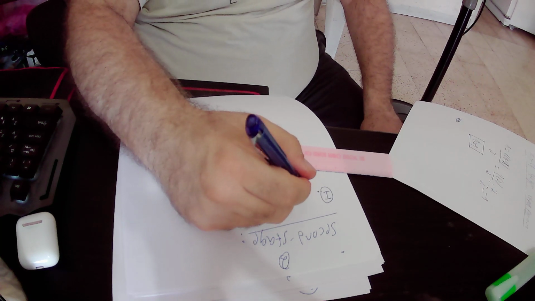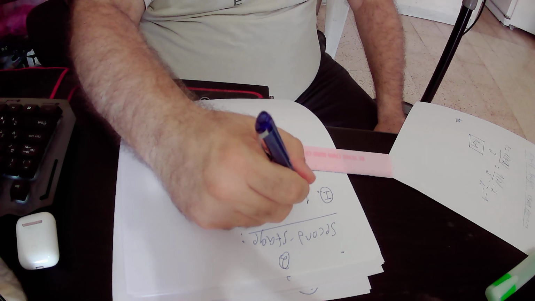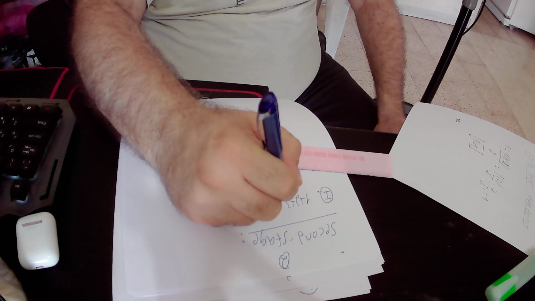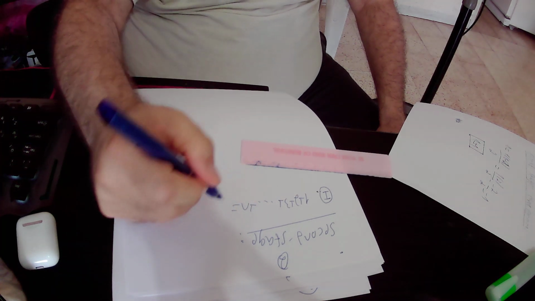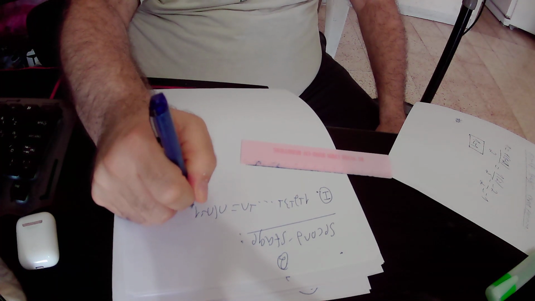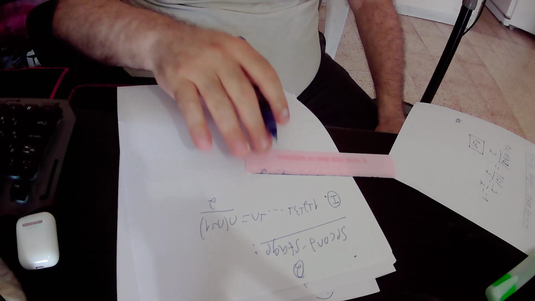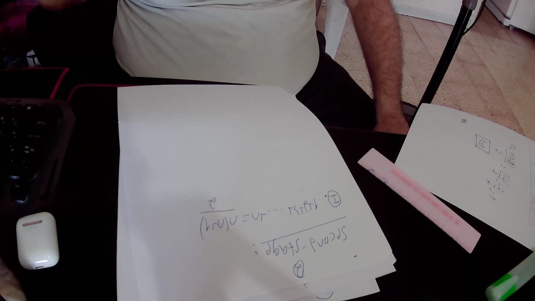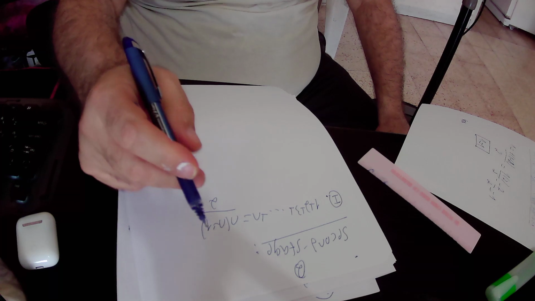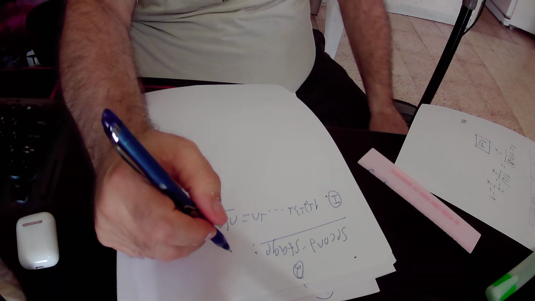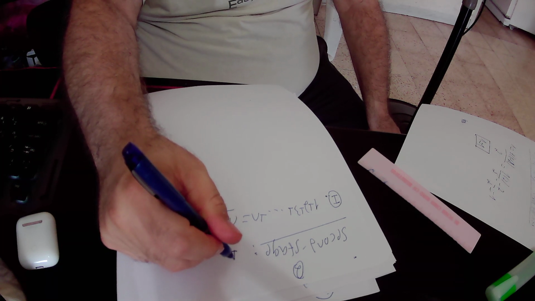So the statement for n will be 1 plus 2 plus 3 plus ... plus n equals n times n plus 1, all divided by 2. Okay, so this is the statement for n, or this will be the induction hypothesis.